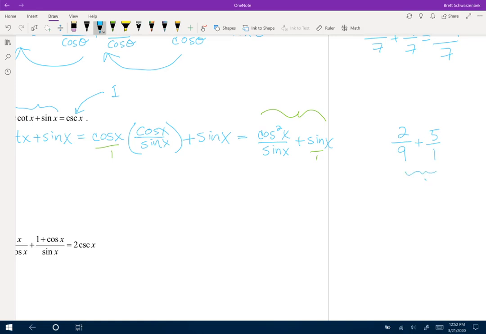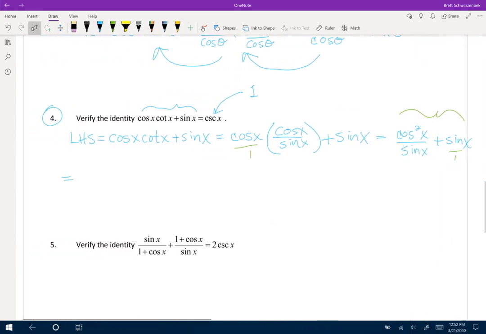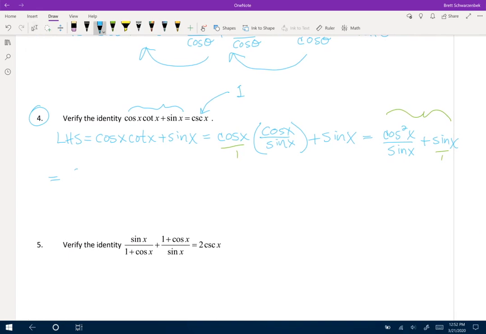The common denominator is 9, right? So we would end up multiplying this by 9 over 9 in order to get 2/9 plus 45 over 9, and then we can add these together and get 47/9. Well, we're going to do the same thing here. The common denominator is sine. So I'm going to rewrite cosine squared over sine. That doesn't need to change.